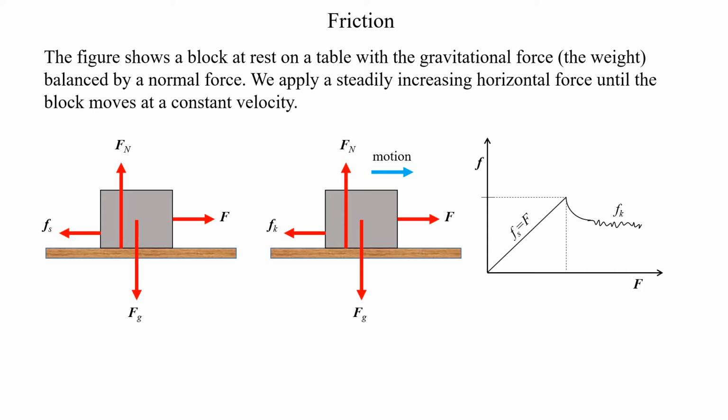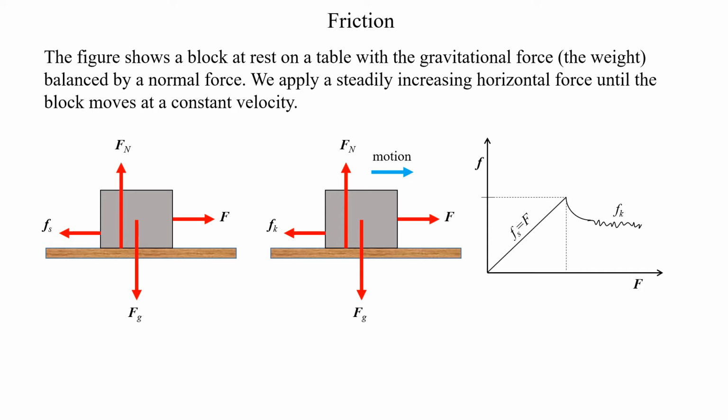I'm going to start with 0 and gradually increase that force F. So as that force F is increasing and the box has not moved yet, then we have a static frictional force to the left that exactly balances the applied force F. Okay, so eventually the applied force gets great enough that we overcome the static friction, and at that point the block will start to slide across the table and we will have kinetic friction.